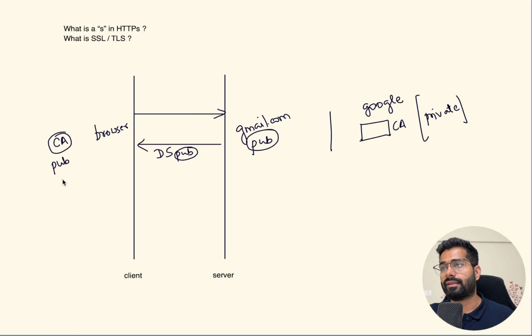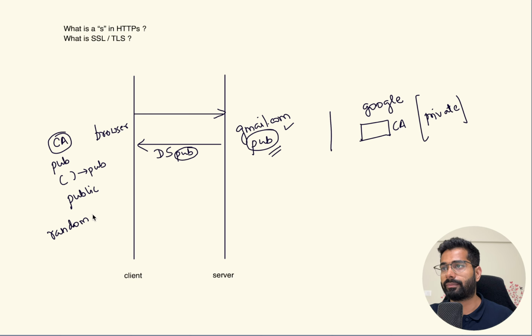So this digitally signed public key would be decrypted, and the authenticity of the server, that is gmail.com in this case, would be established, as well as the integrity of the public key. Now my browser has the public key of gmail.com, and it knows that on this TCP connection I am actually talking to gmail.com. So it creates a random key.